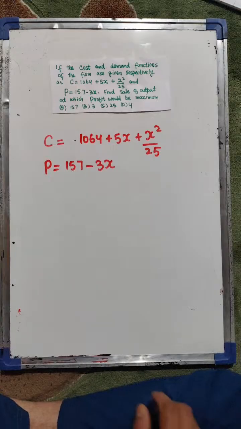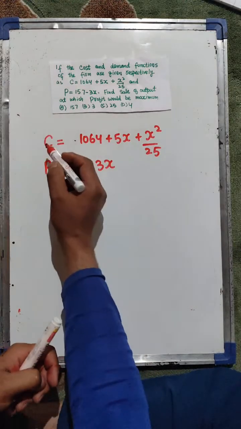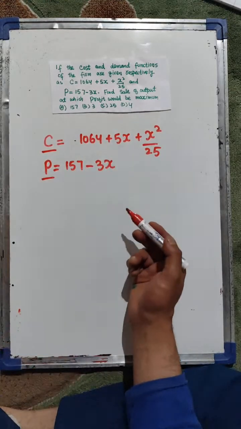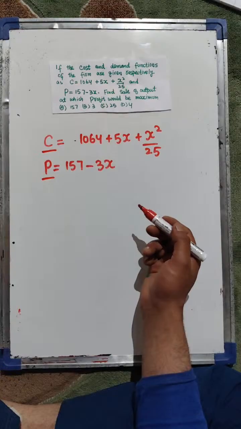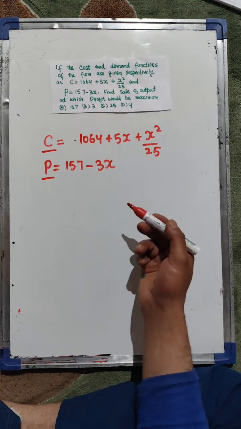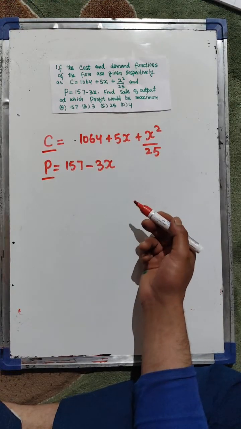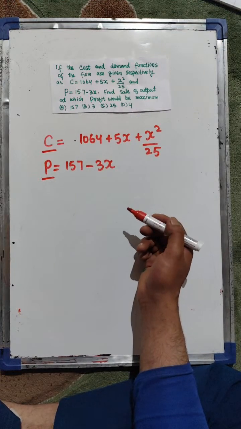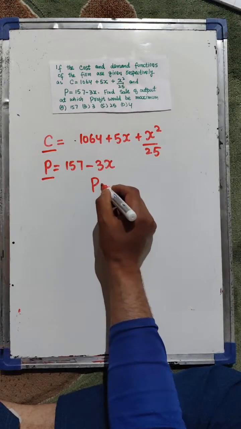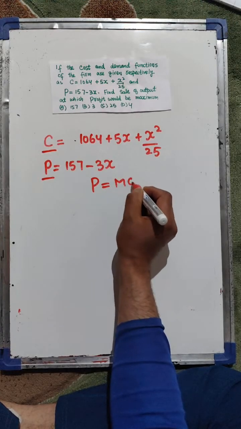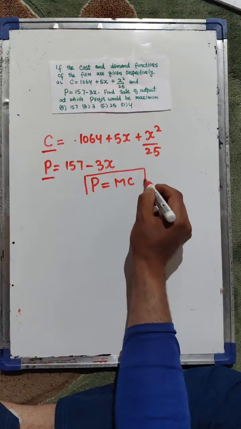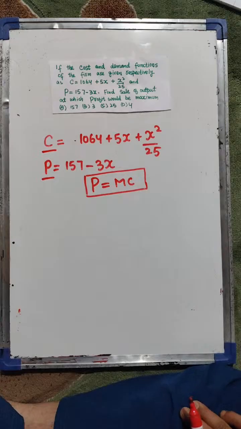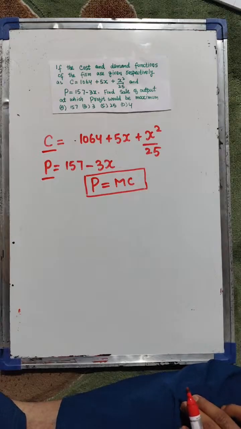Okay, this is the question. We have the cost function here, this is the demand function. You are being told to find out the profit maximizing price, or the sale of output at which profit would be maximum. Eco Pandit is saying price is equal to marginal cost. But what will be the numerical value of the price here?